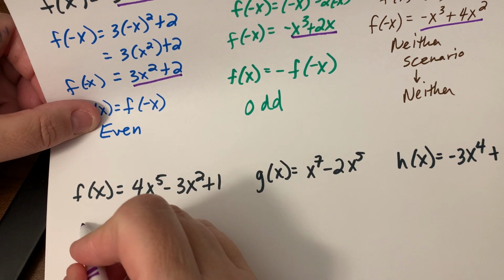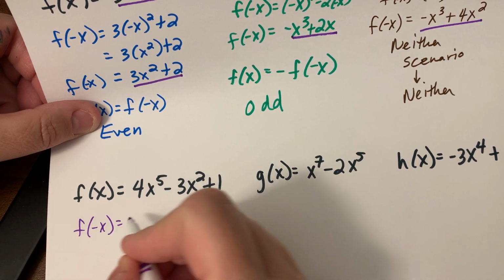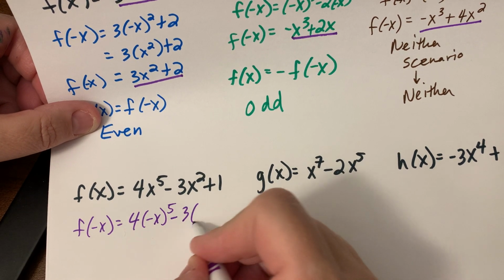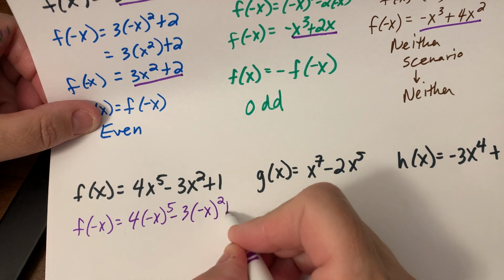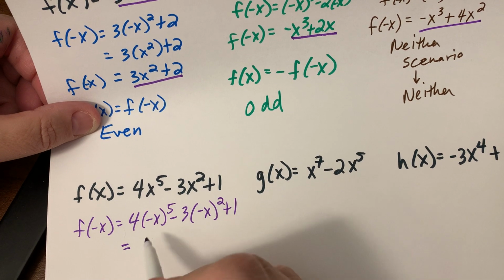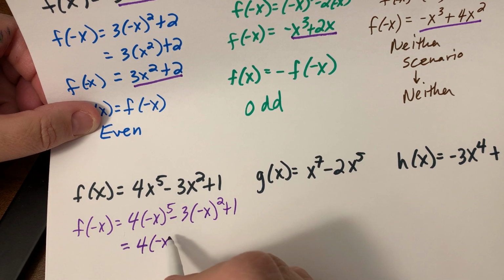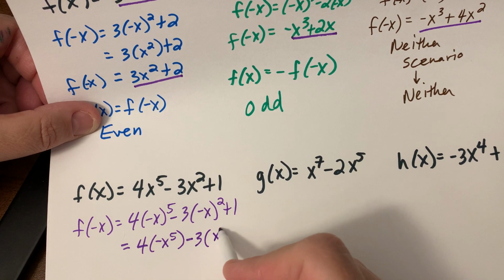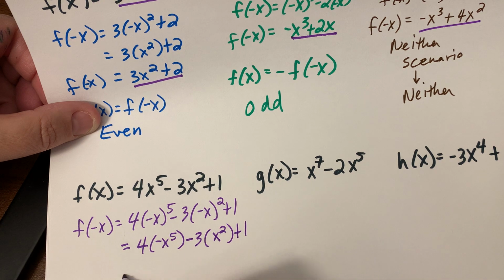Okay, in the first one, we're going to find f of negative x. So we've got 4 times negative x to the 5th minus 3 times negative x being squared plus 1. This is going to give me 4 times negative x to the 5th minus 3 times x squared plus 1.